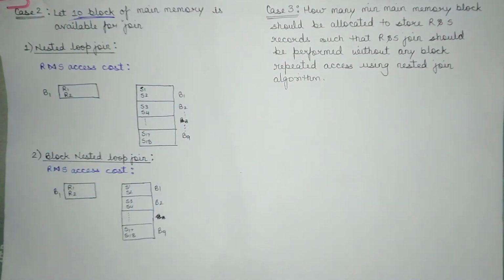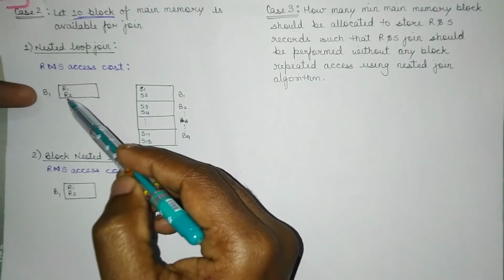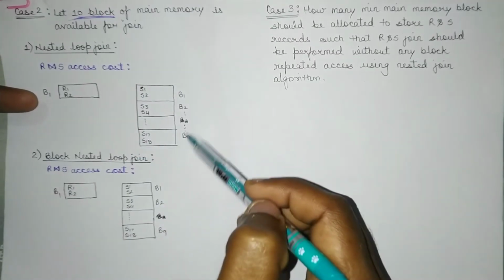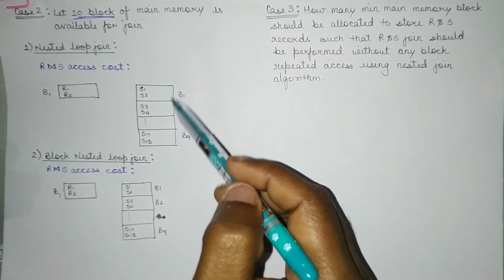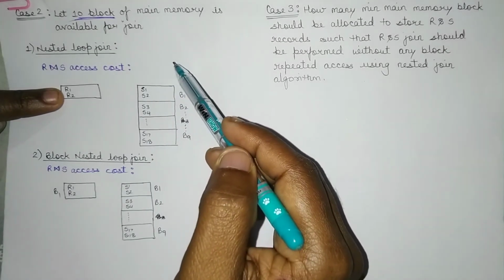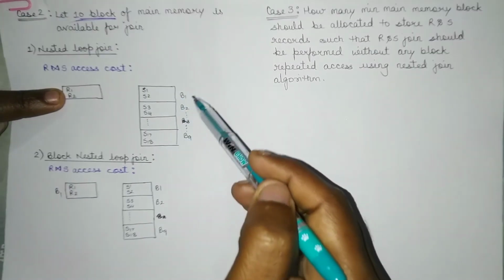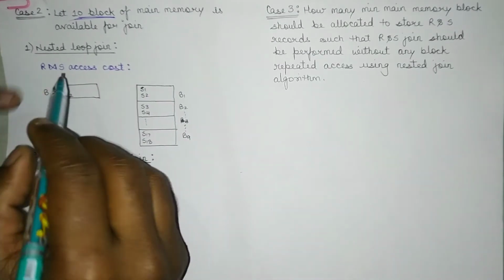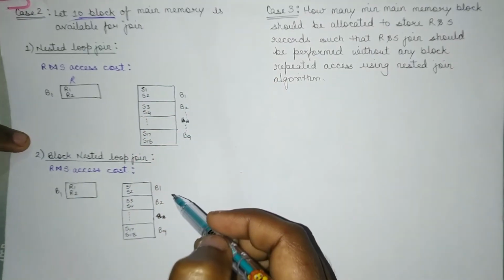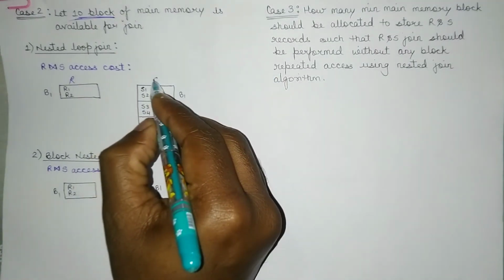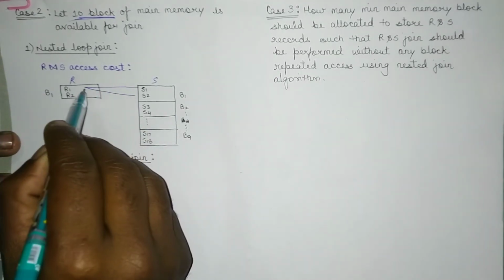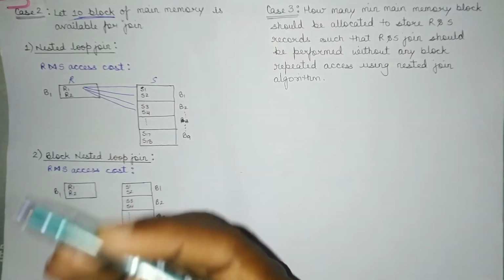So here what we can do is keep one block of the R relation and insert as many blocks as possible of the S relation, because for each record R1 we have to map with all the other records of the S. So this R1 record of relation R needs to map with all the records of the relation S. So this R1 will be mapped with S1, S2, S3, S4 and so on.